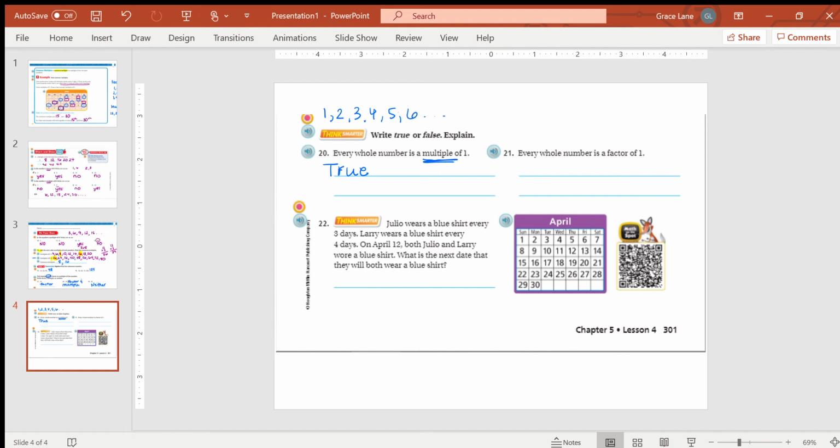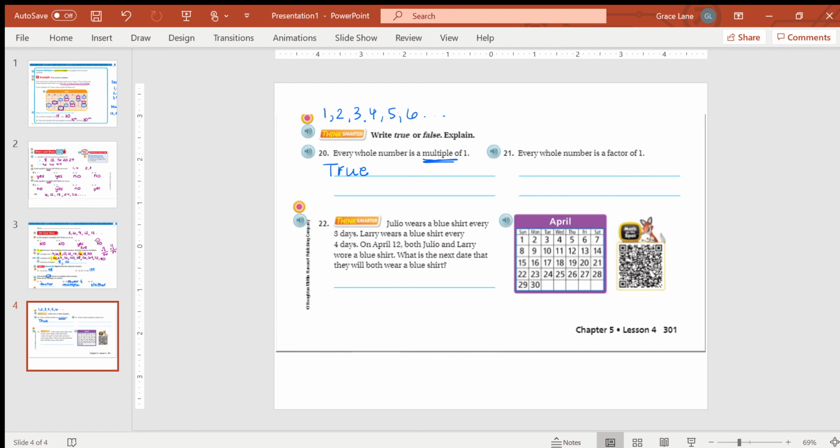When it says explain, that's true because 1 times anything will just be itself. And then 21, is this true or false? Every whole number is a factor of 1. If you think about factors of 1, what times what will equal 1? Only 1.